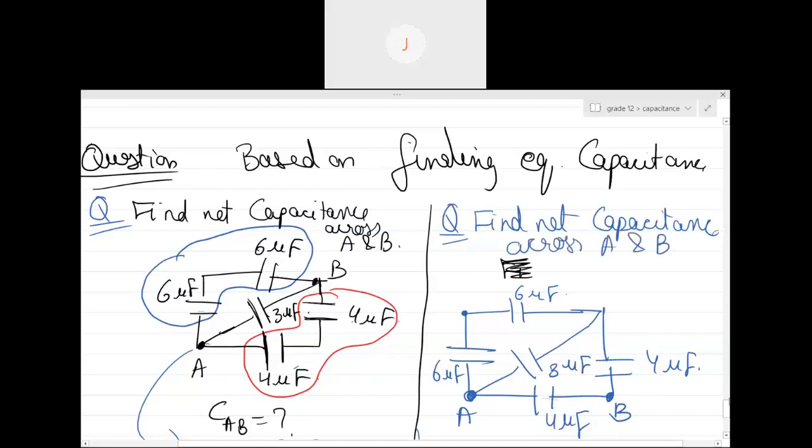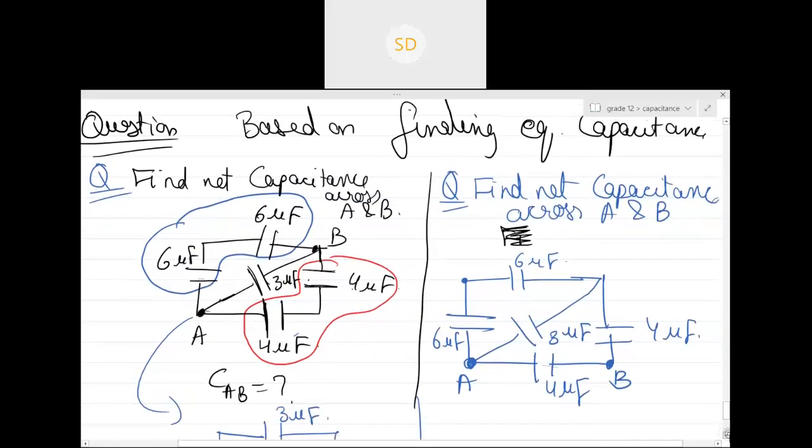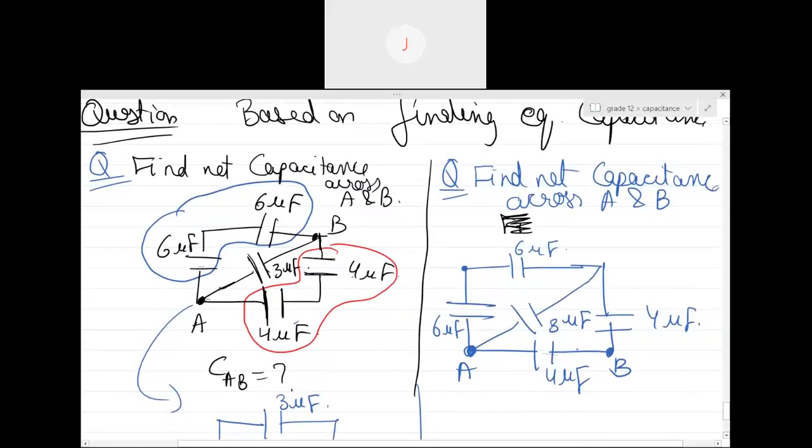How will you start this type of question? You have been asked across A and B. Can anyone tell me which are in series, which are in parallel with each other?